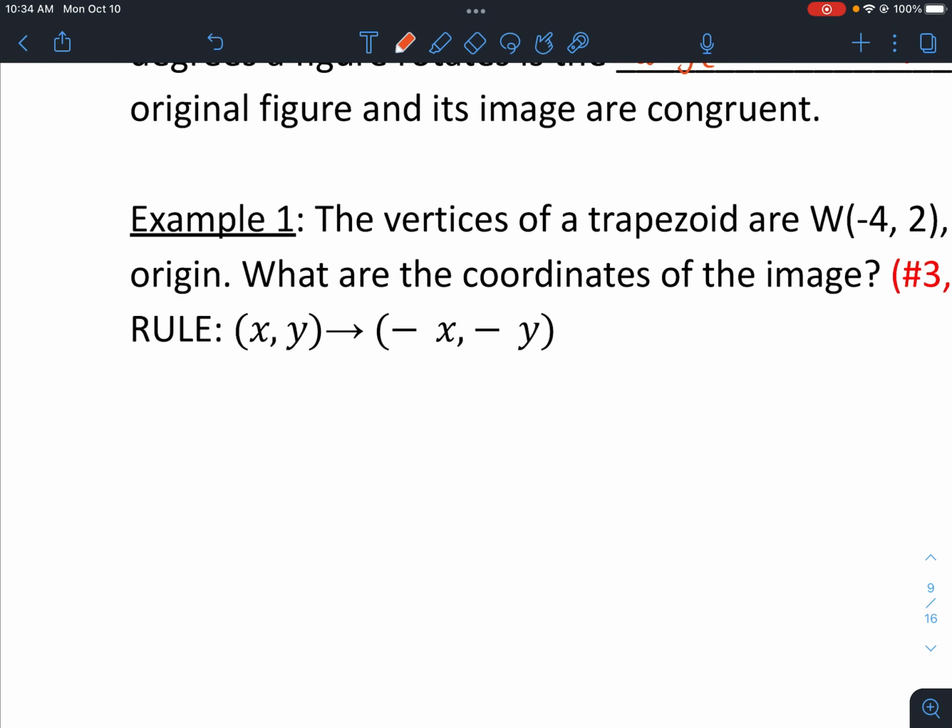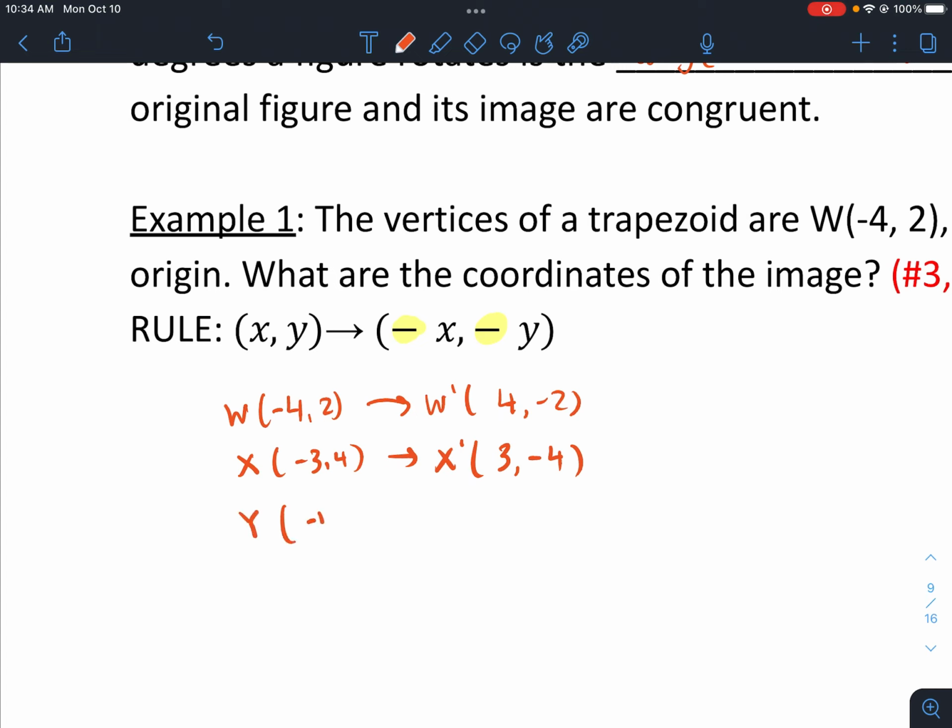For example, if W is (negative 4, 2), then W prime would be (4, negative 2). So you're going to take the opposite of your x and the opposite of your y. Same thing, if X is (negative 3, 4), when I rotate it, X prime would be equal to (3, negative 4).